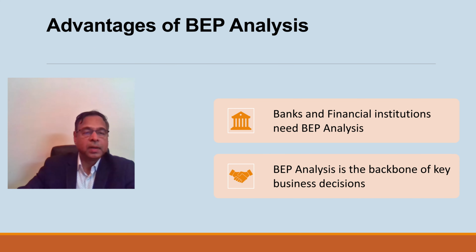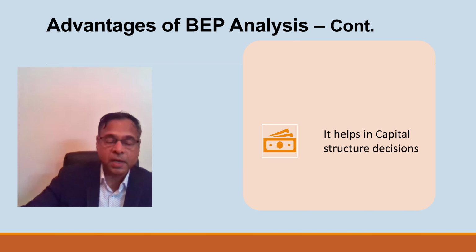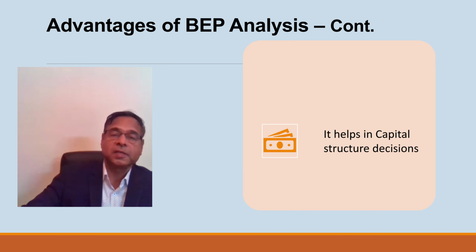Now let us see the advantages of break-even point analysis. Banks and financial institutions need break-even point analysis for taking lending decisions. Break-even point analysis is the backbone for taking key business decisions such as new projects, new products, new technology, modernization, expansion, etc. The break-even point analysis helps in capital structure decisions.